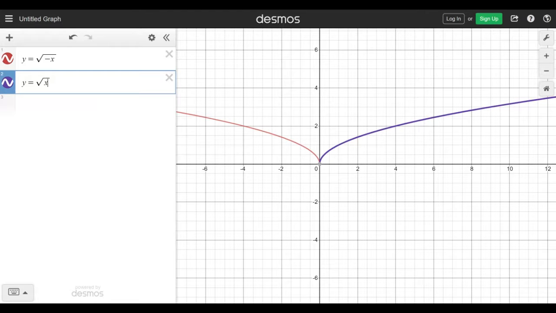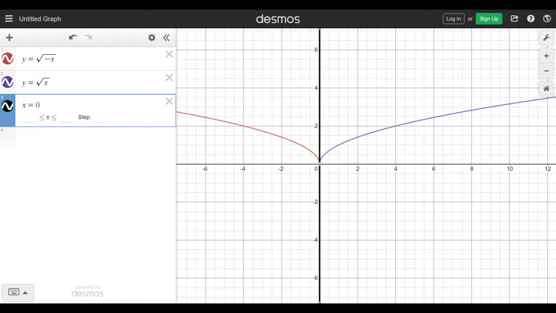So in this case, you can see that the positive and the negative, it's inside your radical sign. So this one is reflected across y-axis. That should be x is equal to 0. Would be the y-axis. This is the reflection line.